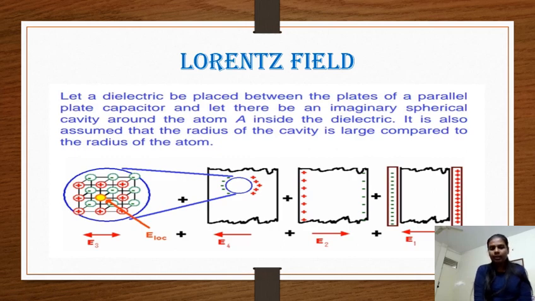So this experiment creates a certain field across the atom A as shown in the figure. This field is called the Lorentz field.